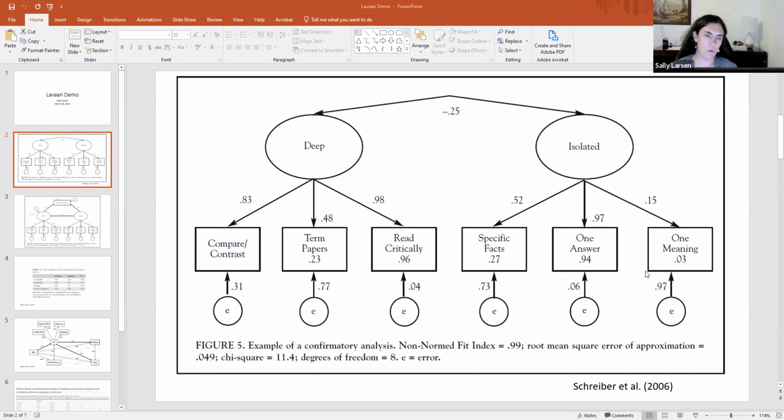What you're also doing, and you can see down in the bottom those little E's, and those 0.77, 0.04, is the error or the residual left over from the observed variable after the shared variance is captured by the latent variable. So you can see there's quite a lot of residual in this term papers one, but there's really not very much residual left over here in this read critically one.